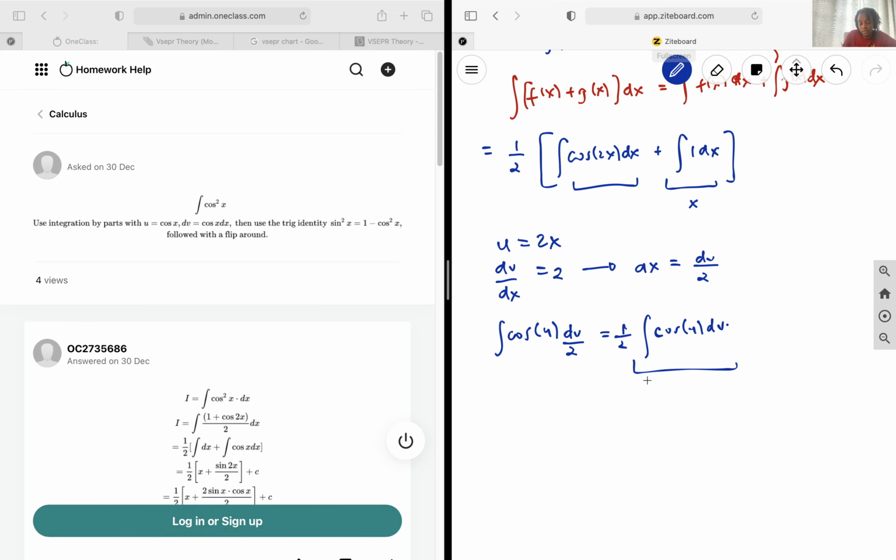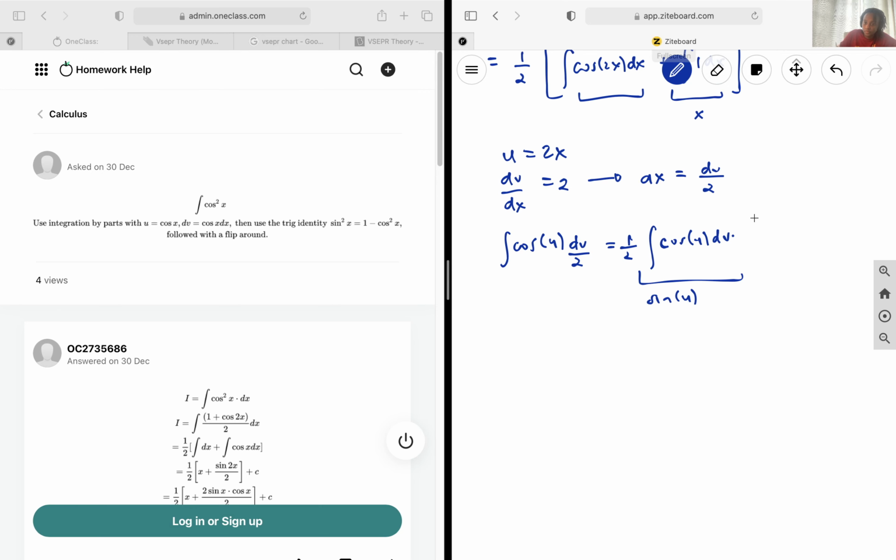This we know will give us sine u, and so let's put that in. And so this means that this is equal to 1 over 2 multiplied by sine u, and then just put back in the 2x that we know u is equal to, and we get 1 over 2 sine 2x.